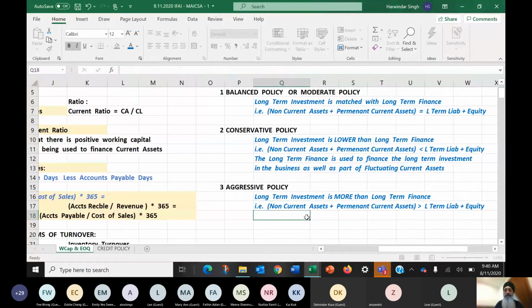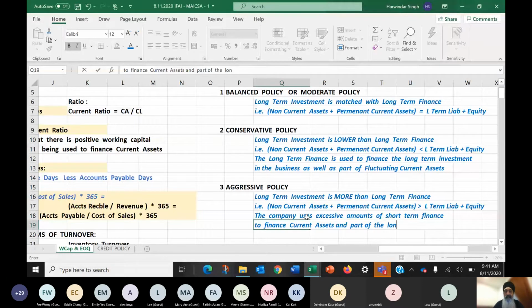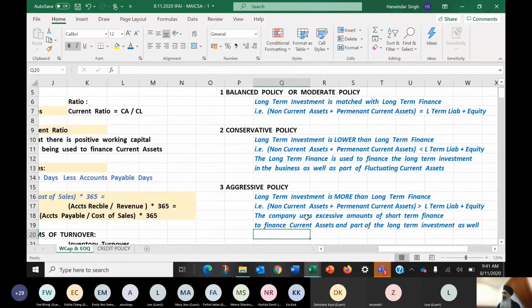That means the company uses excessive amounts of short-term finance to finance current assets and part of the long-term investment as well. That's what it means.